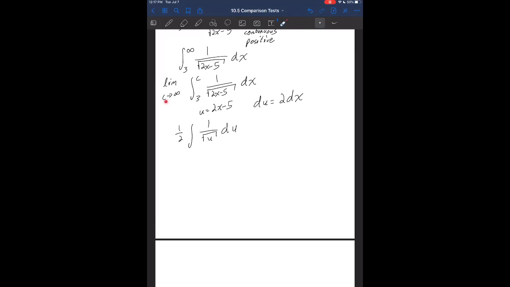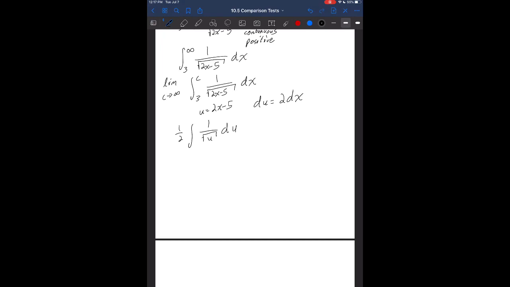Again, I will substitute back in my x values so that I can keep the same bounds on my integral. A lot of times when you are dealing with these improper integrals where you're going to infinity, it's a bit easier to substitute x back in rather than actually figuring out how this c value is going to change.